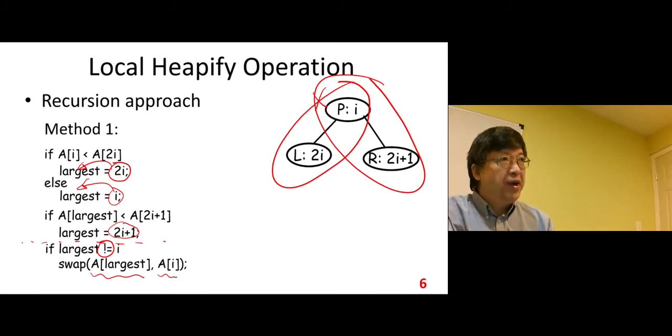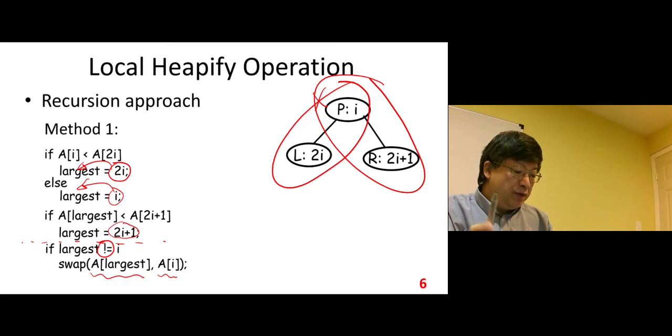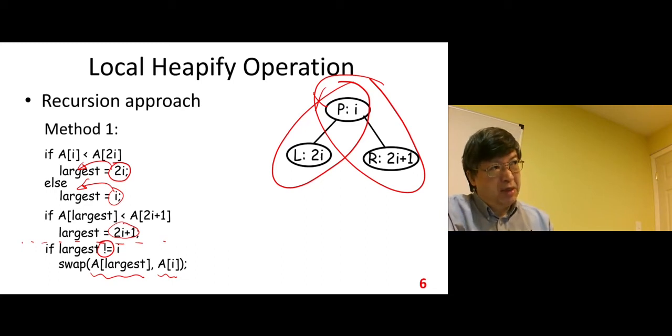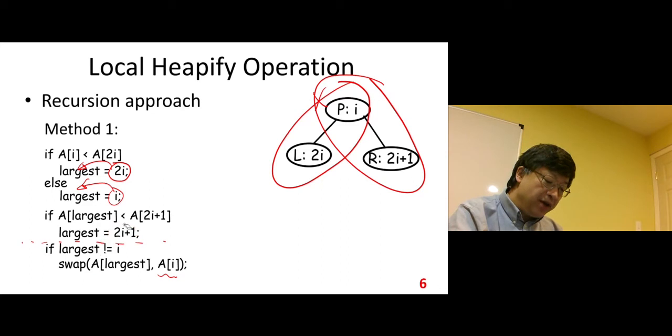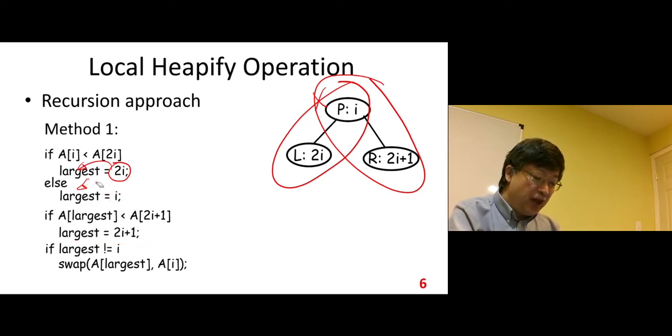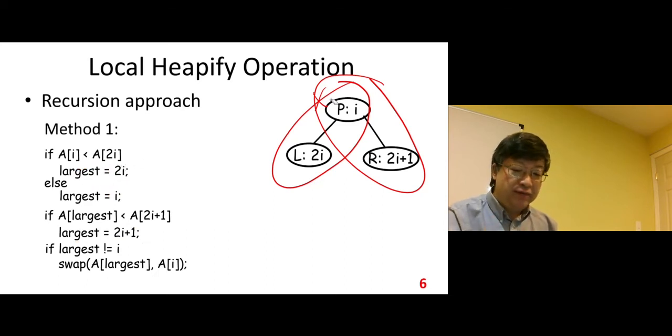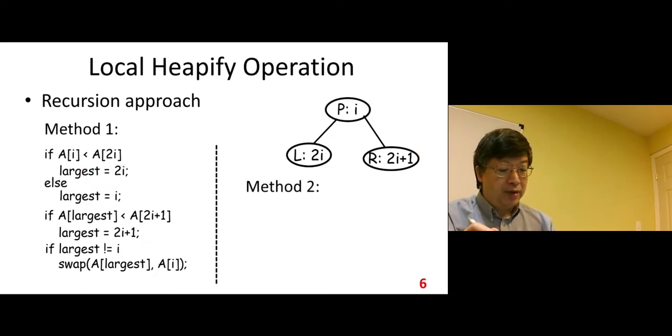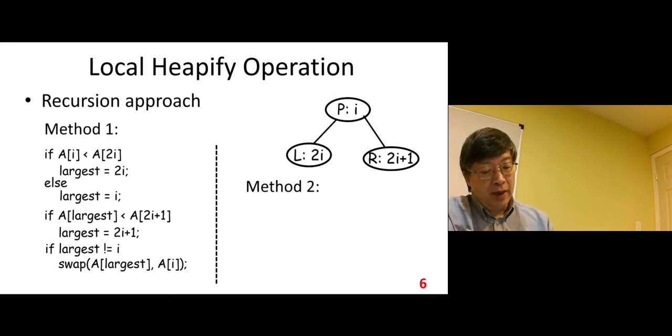But here you may feel, why do we do so many comparisons? It looks like not the simplest way. Some of you may feel this is not the simplest way, so let me give you another way that is more straightforward, easier to understand, and looks simpler. Method number 2. Still, we detect whether A of i is less than A of 2i.